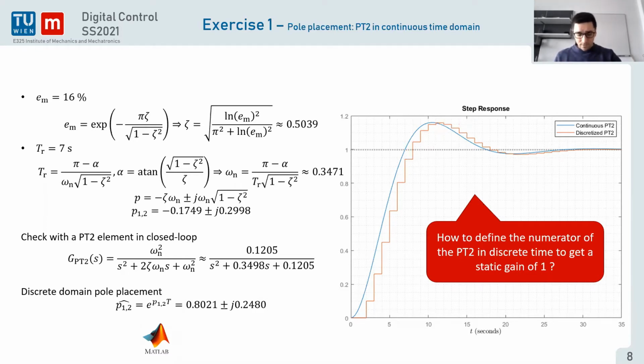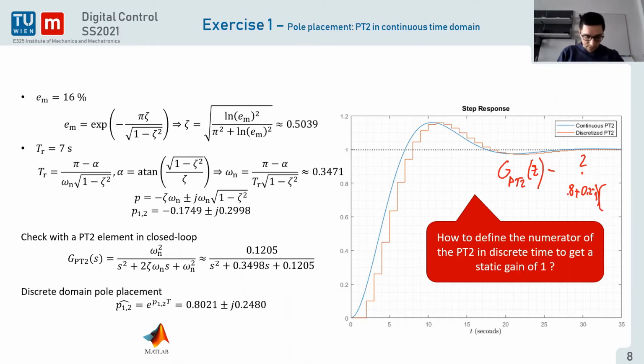The last important part is that when I design this G PT2 of Z, I should find something divided by the two poles. I don't know what the polynomial would look like, but the poles are 0.8 plus 0.2j.